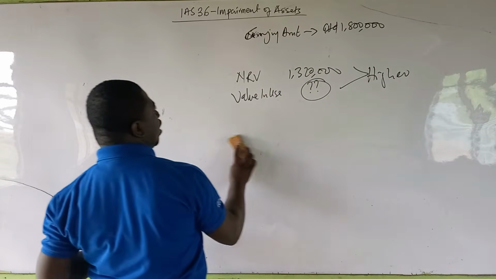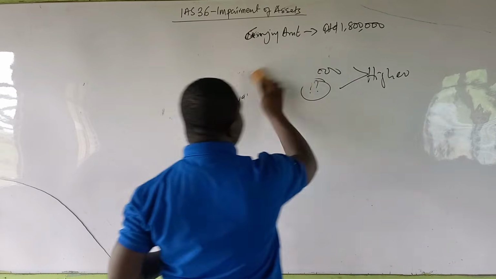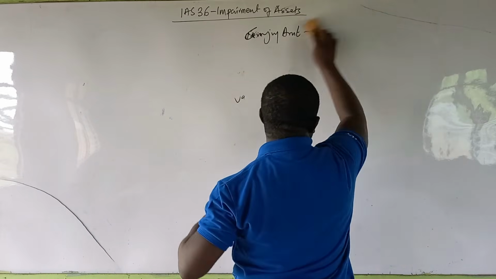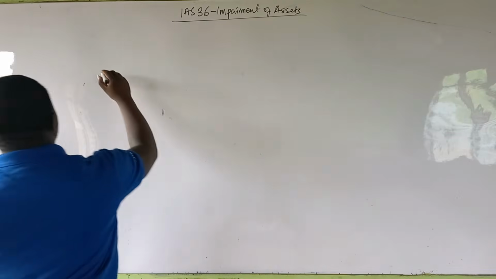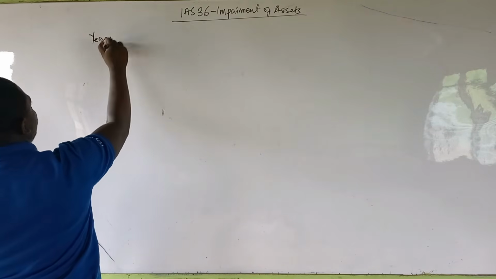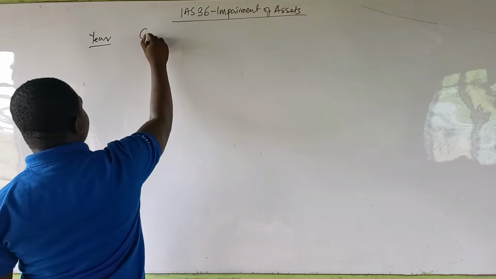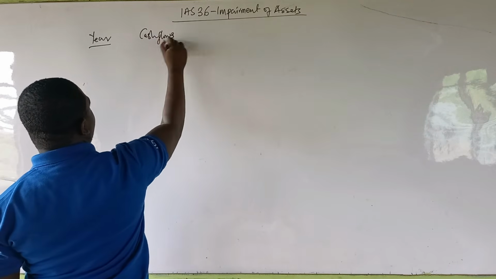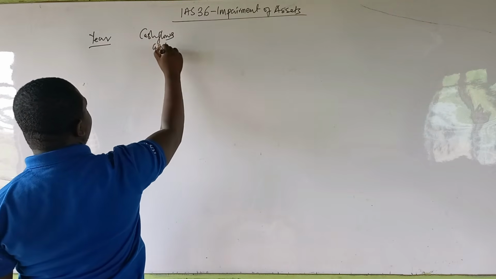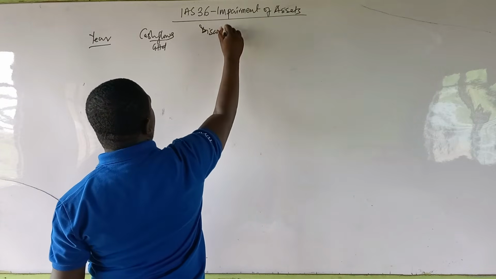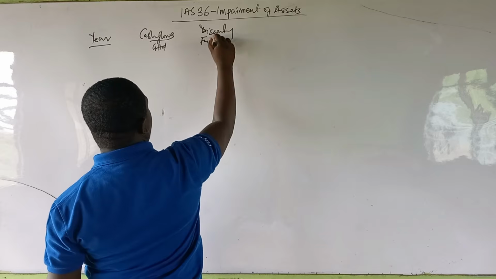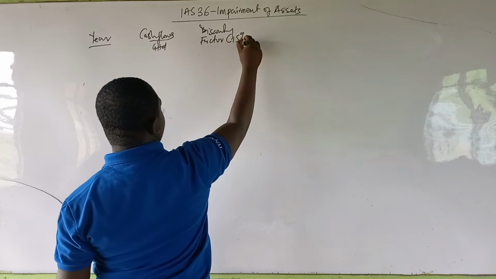So let us try discounting these cash flows to find our value in use. And so this is the normal formula or approach. You say year, then cash flows will come in Ghana cedis. And then the discounting factor is the next, which is 15%.